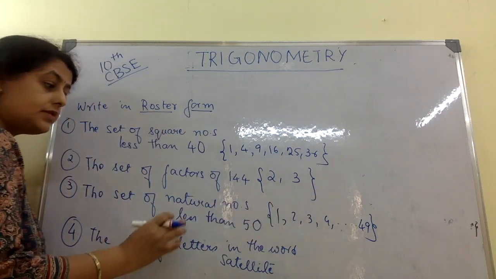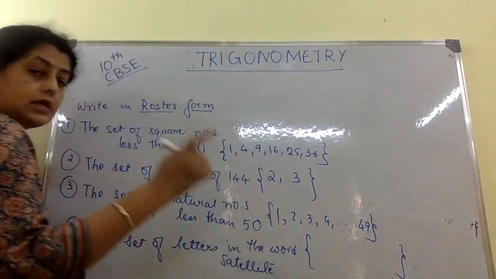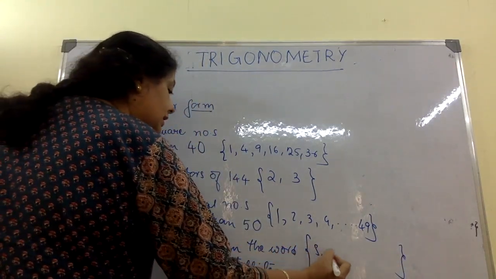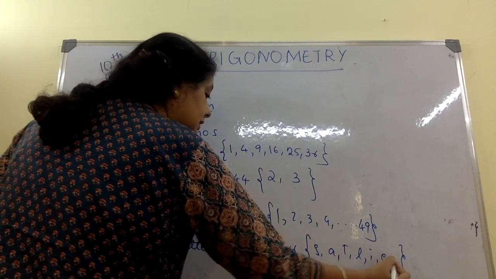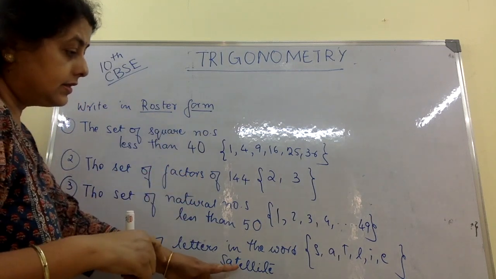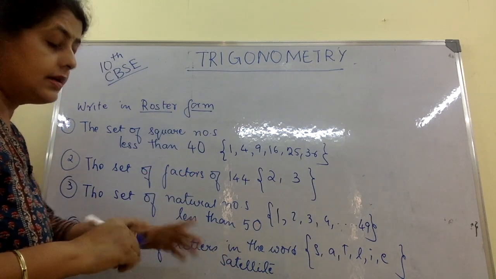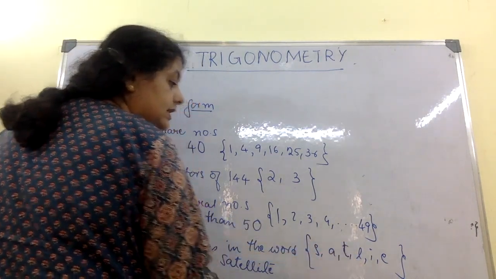The set of letters in the word satellite. Now here once again, what are the letters? S is 1, A is 1, T, L, I, E. Is there anything else that I missed? T, E, L, I, yes, all done. So here these are the letters.